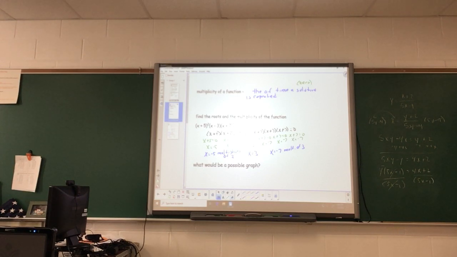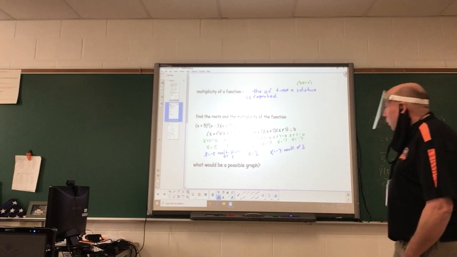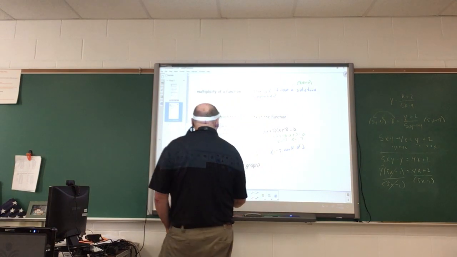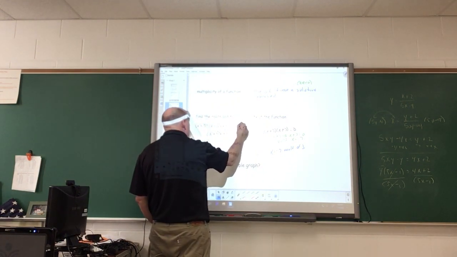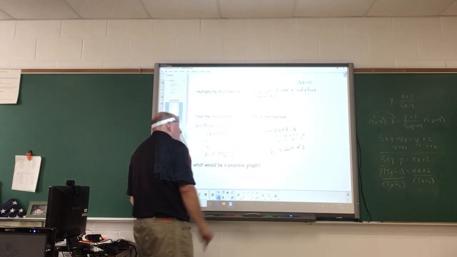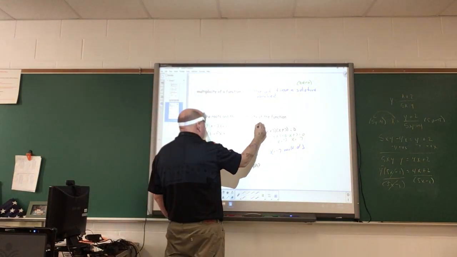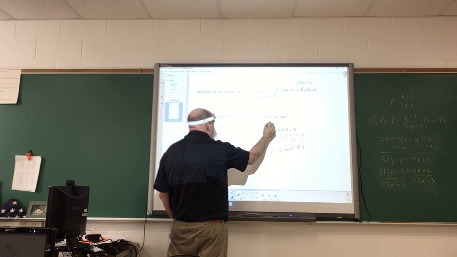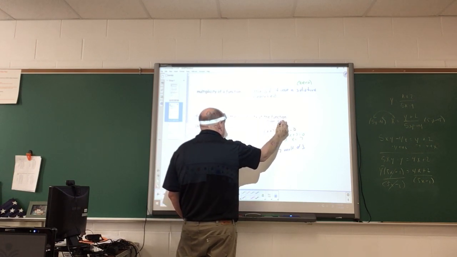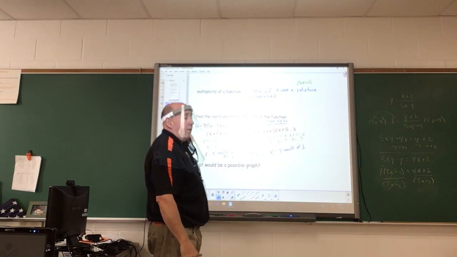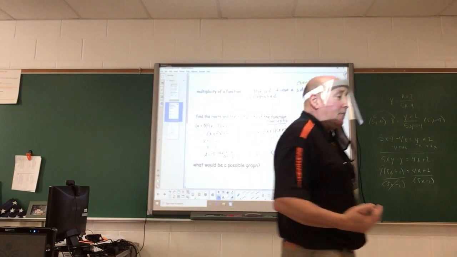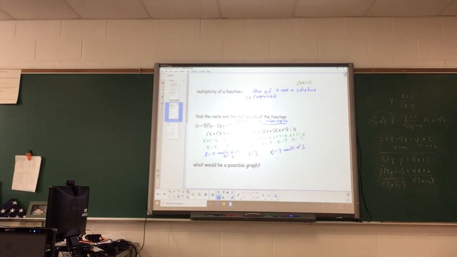My next question is then, what would be a possible graph to this? We are finding the zeros of a polynomial. The zeros are also called the x-intercepts. So when you're talking about a function, an algebraic idea, these are the zeros of the function.